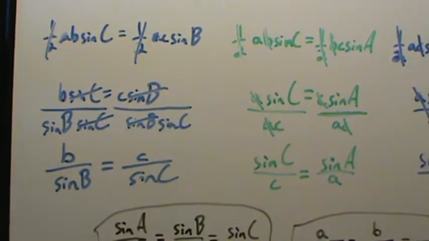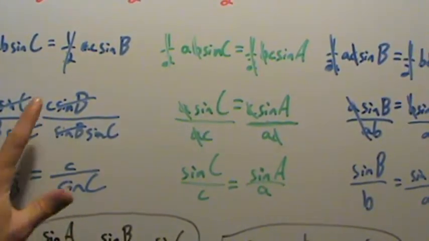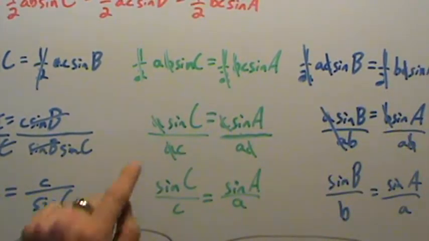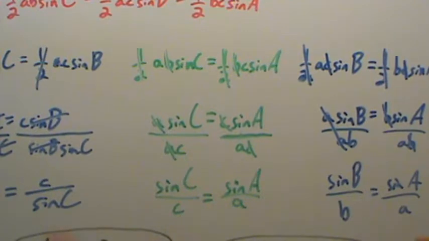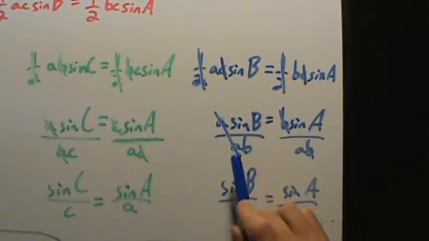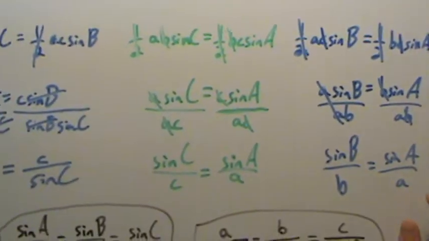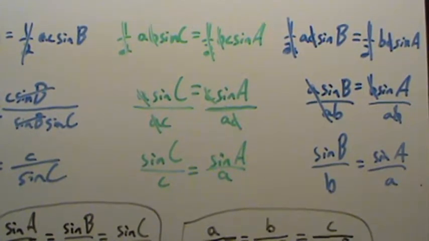Now, that's one way to think about it. We could do the exact same thing over here and over here. Instead of dividing by ac, divide by sine of A sine of C. Instead of dividing by ab, divide by sine of A sine of B, and the exact same thing will happen. Or what we could do is look at this type of equality here and then just cross multiply and divide.